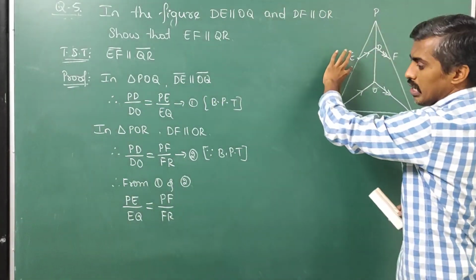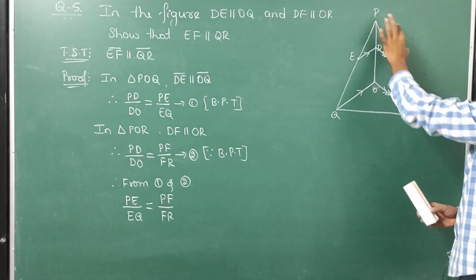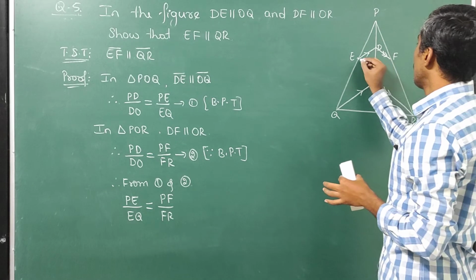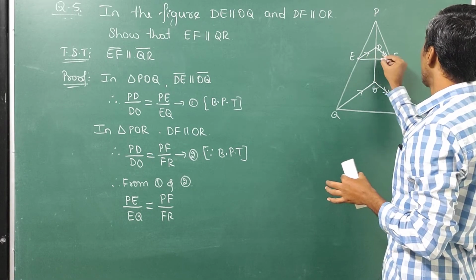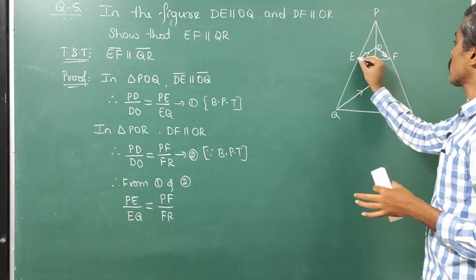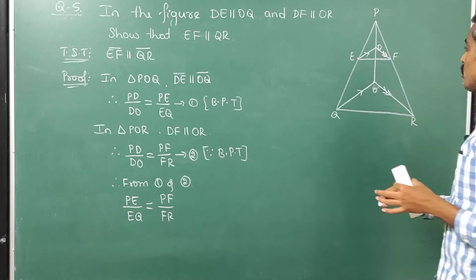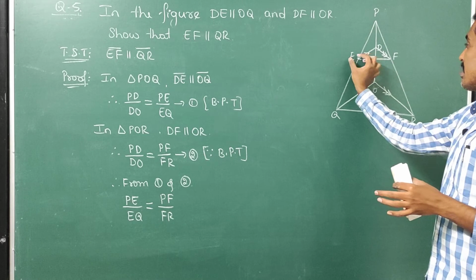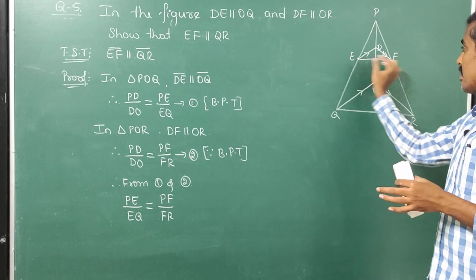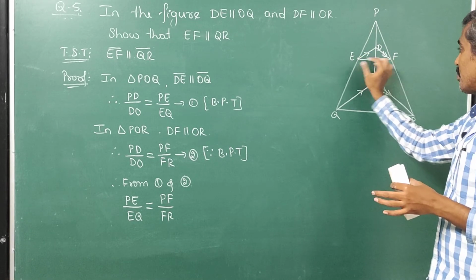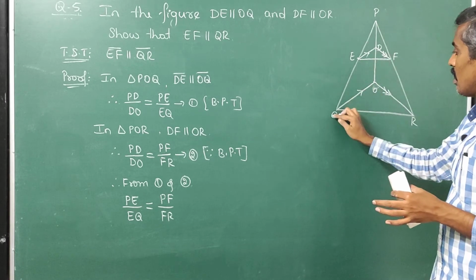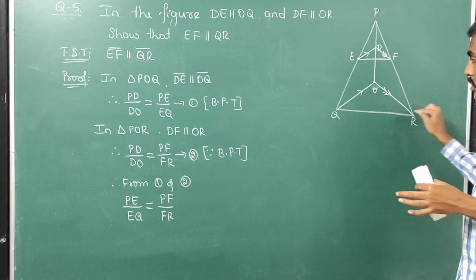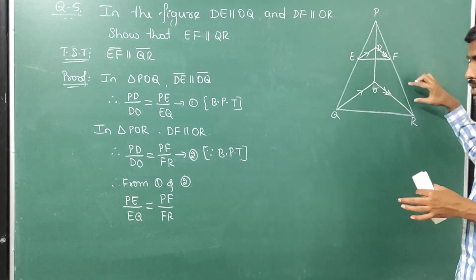PE divided by EQ is equal to PF divided by FR. So then if I join PF, not PF, EF. If I join E and F points, so EF line divides PQ and PR of triangle PQR in the same ratio.